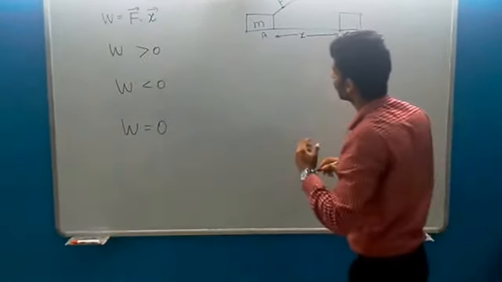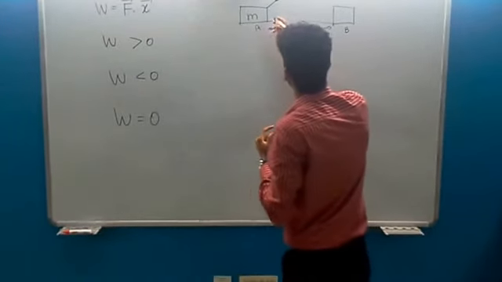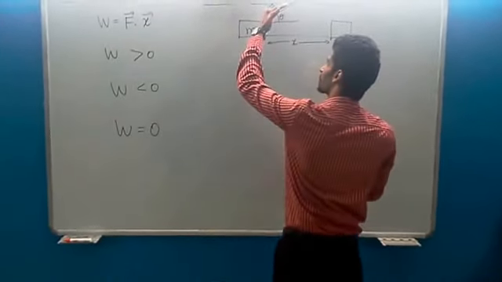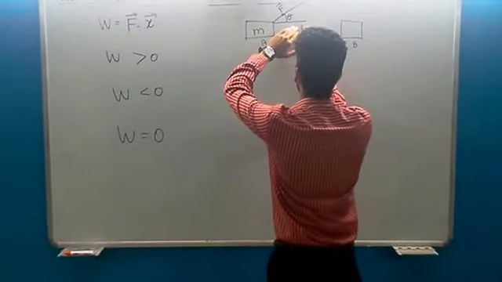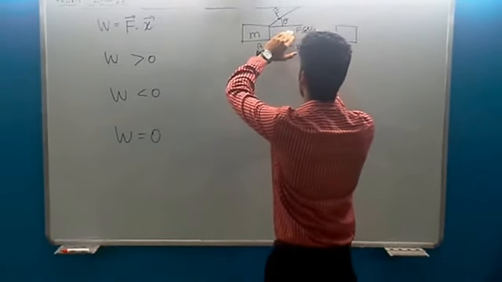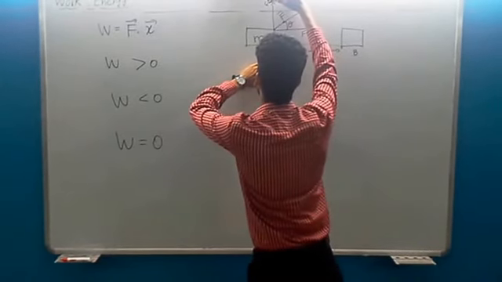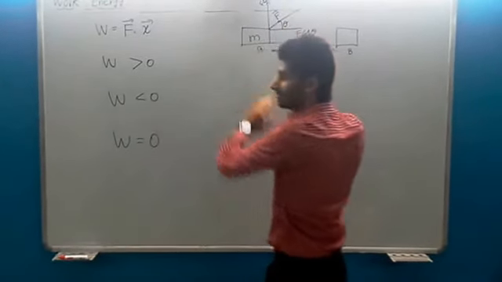Now I'm going to take this angle as theta and resolve this F into two components. One is the horizontal component, F cos theta, and another is the vertical component, F sin theta.